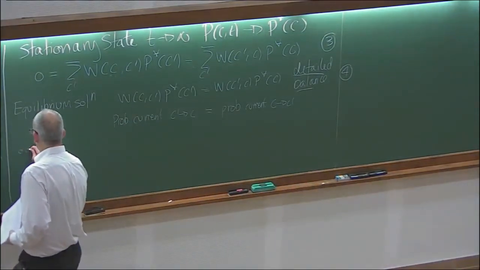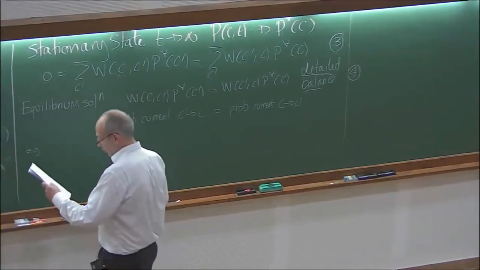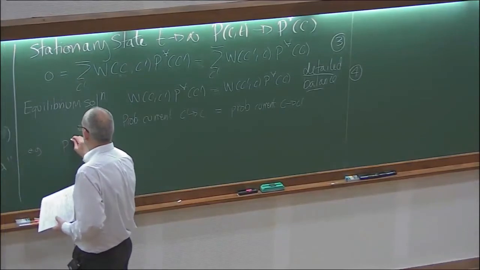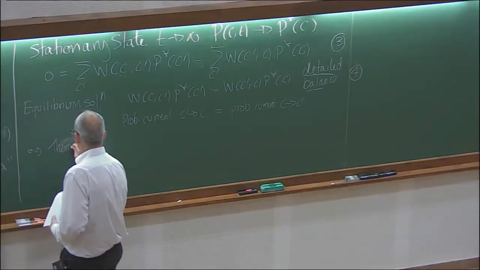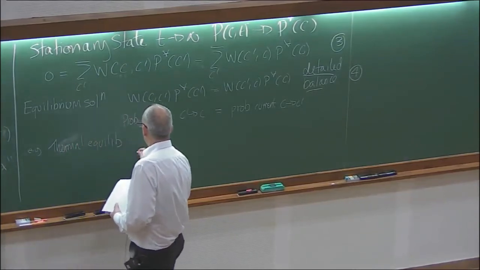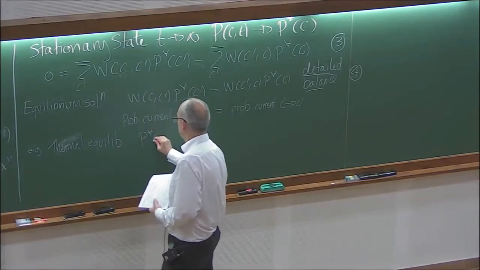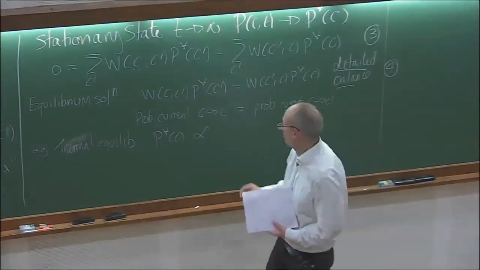So, for example, in the case of thermal equilibrium, we know that P star of C should be proportional, as mentioned at the beginning, to the Boltzmann factor.